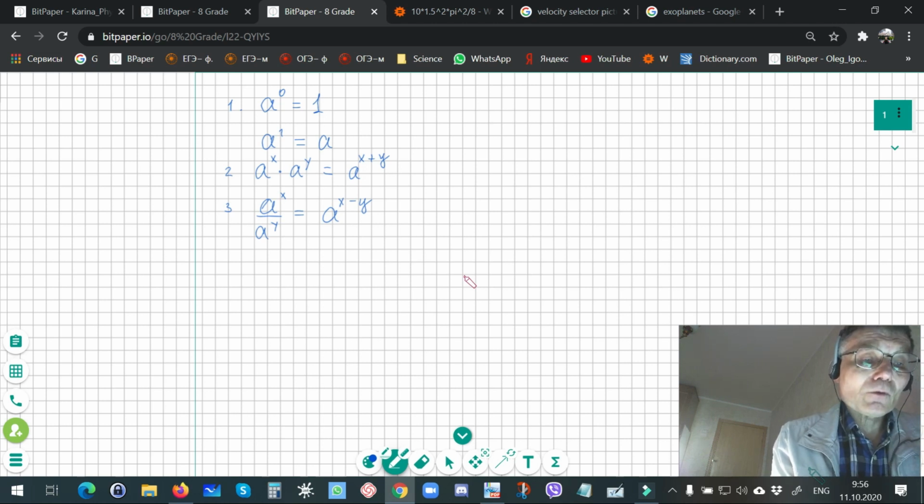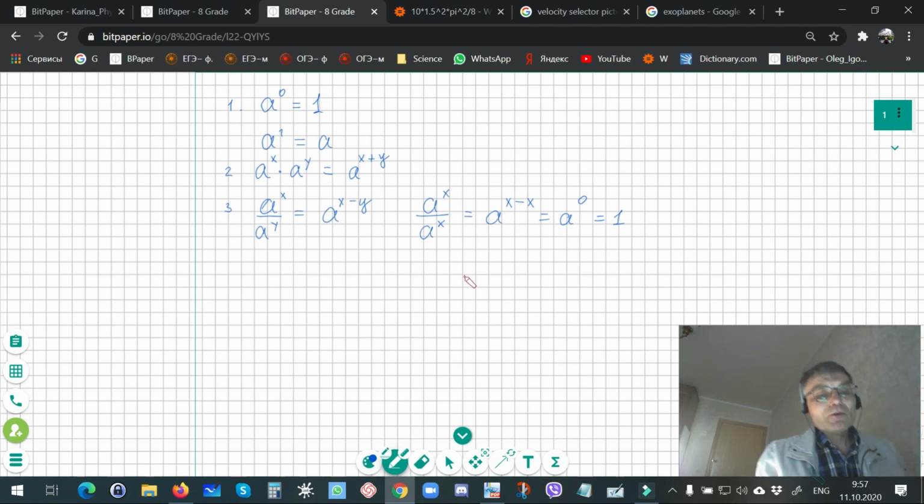the power which is in the denominator from the power which is in the numerator. And from here, from 1 and 3, we can see that if we have the same powers in the numerator and denominator, the same exponents, then formally from this last rule, we get the base x minus x, which gives us a to the power of 0, which gives us exactly 1.